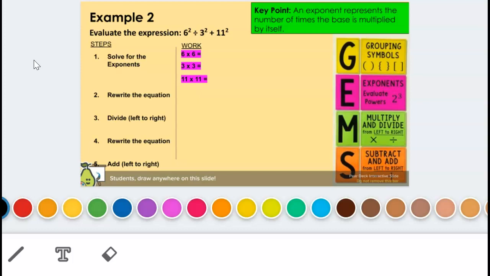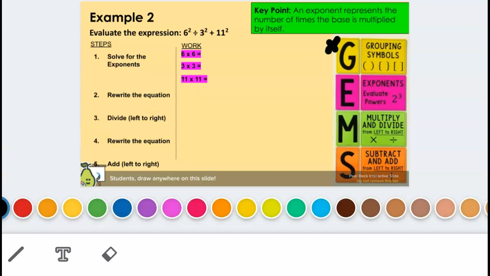So I kind of helped us along already and laid out the steps, but if we were looking at this without looking at those steps first, we would simply say, do I see any grouping symbols? And look back to our expression. And there are no parentheses, so I would skip that.